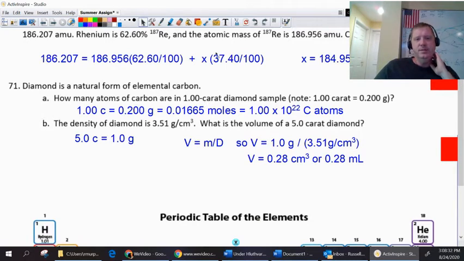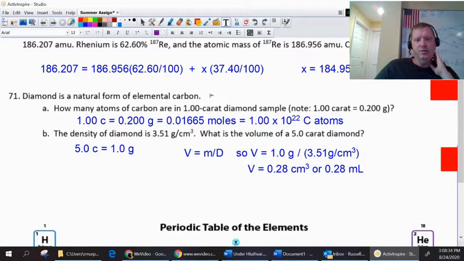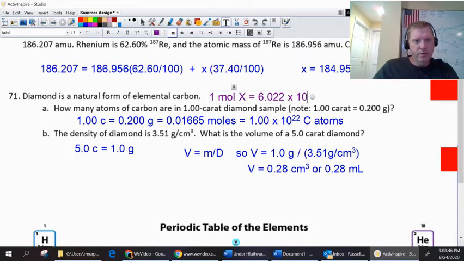How many atoms? That's a question that involves Avogadro's number. Please remember that 1 mole of anything equals 6.022 times 10 to the 23rd of those objects. So we have a 1 carat diamond, which we know is 0.2 grams. So I said, well, 1 carat equals 0.2 grams.